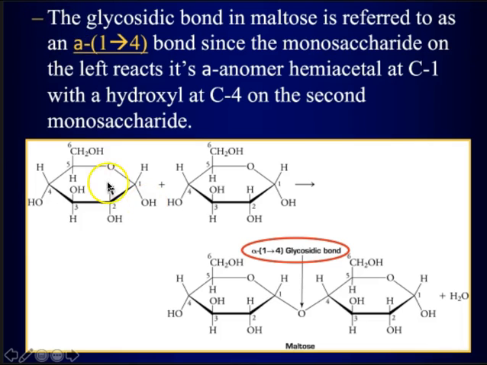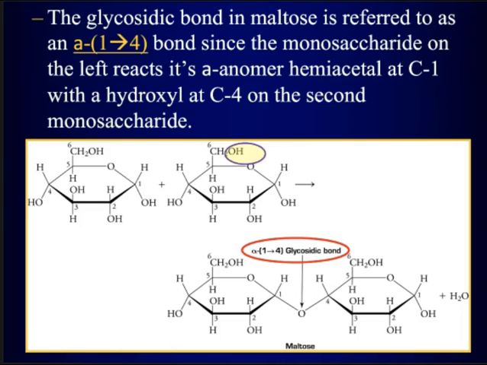So we have our A for alpha. Then we label where they are connecting. On the hemiacetal, it's connecting at the first carbon. At the other residue, it's connecting at the fourth carbon. So we're going to call this an alpha, or A, 1,4-glycosidic bond.